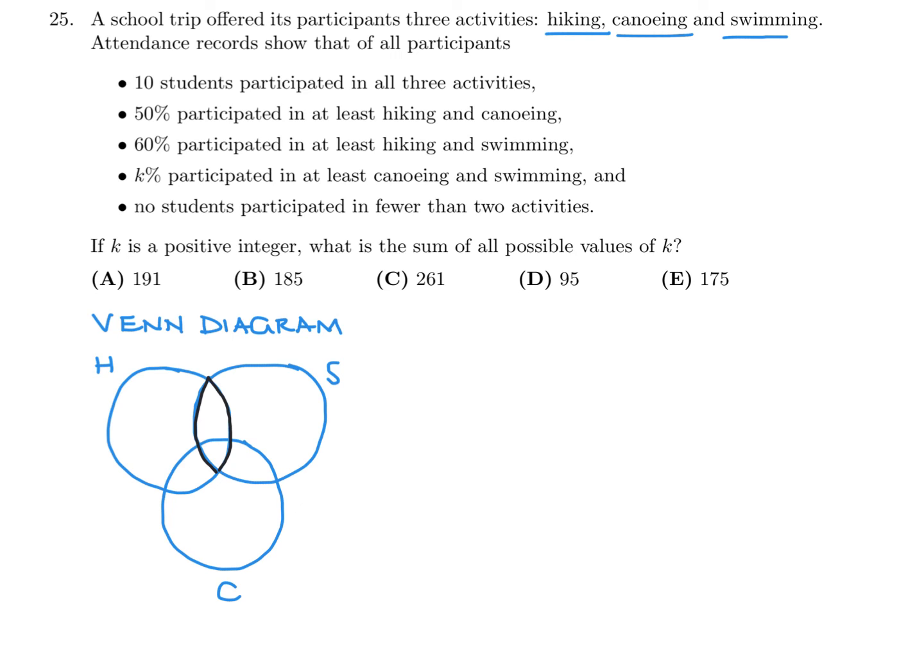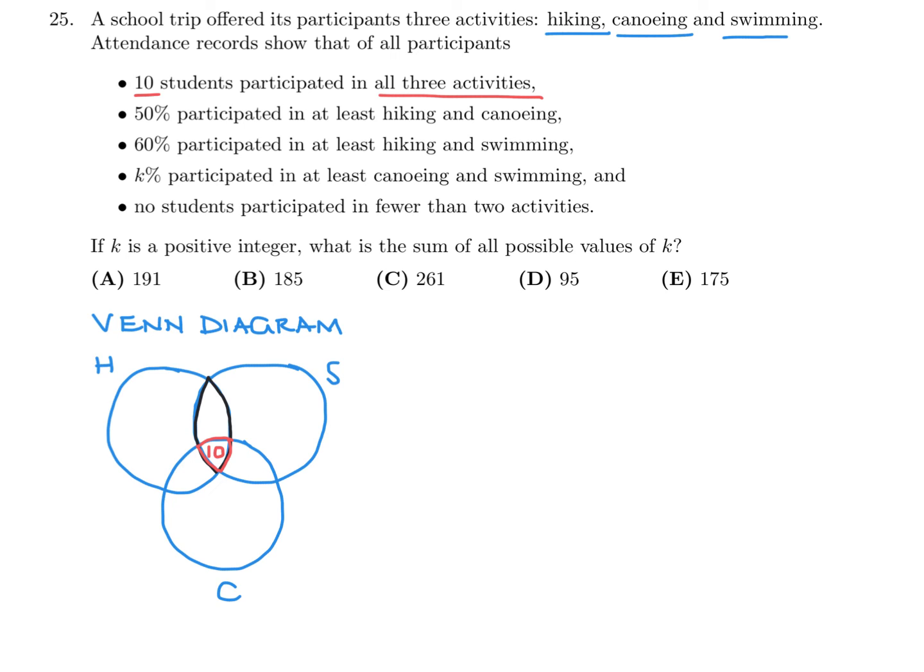The region in the middle, which overlaps all 3, represents all the students that did all 3: hiking, canoeing, and swimming. So let's fill in what we can. All 3 is 10, so 10 goes right there.